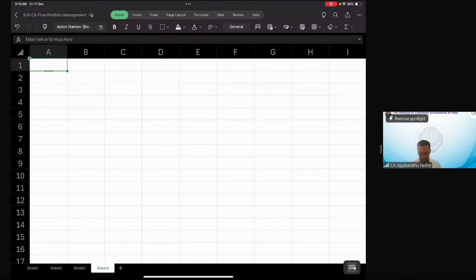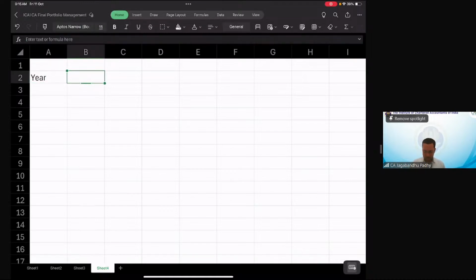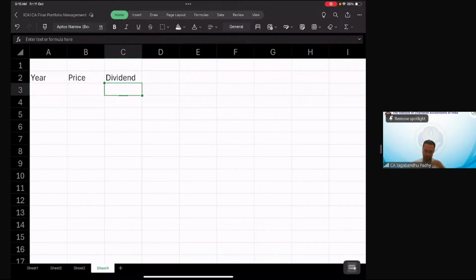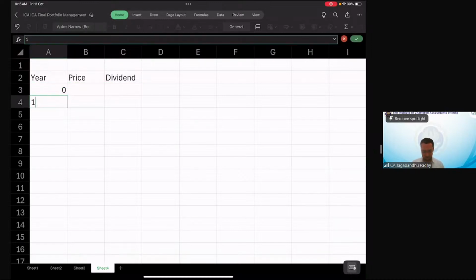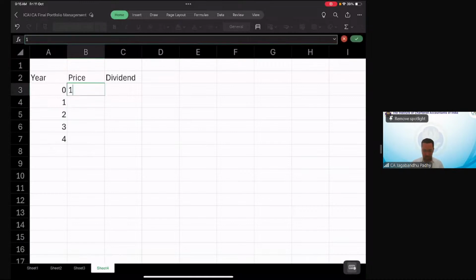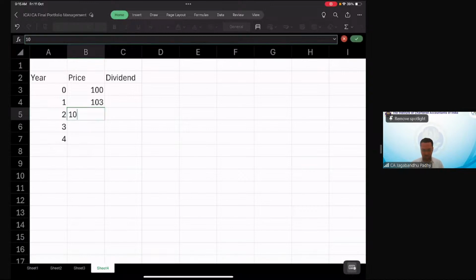So for example, we have the year and price of the share given to us, and also the dividend declared in that particular year. Let's say we have the 0th year, first year, second year, third year, fourth year. In the starting year, the price was, let's say, 100. First year, the price became 103. Second year, 106.